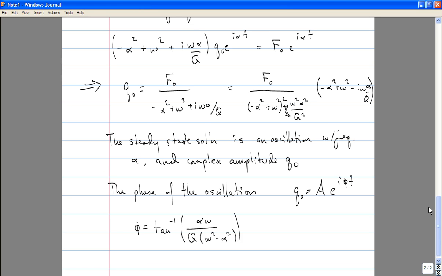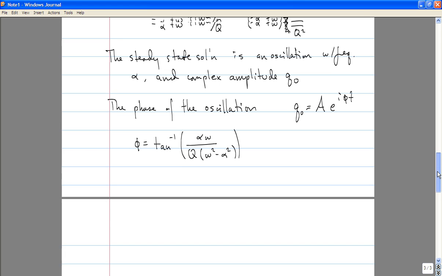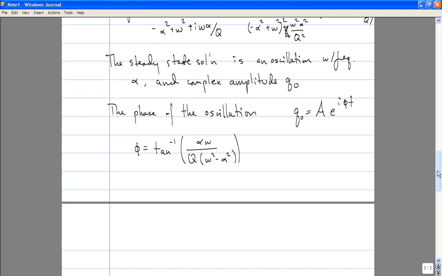So this describes the phase of the oscillation. If we were to plot that as a function of alpha, then for very small alpha, we would be calculating the inverse tangent of 0, so phi would be very close to 0.